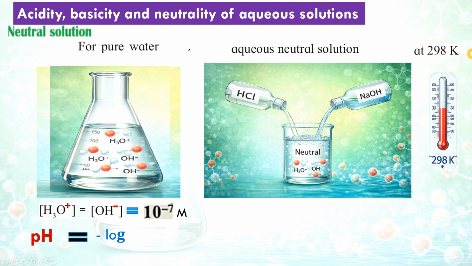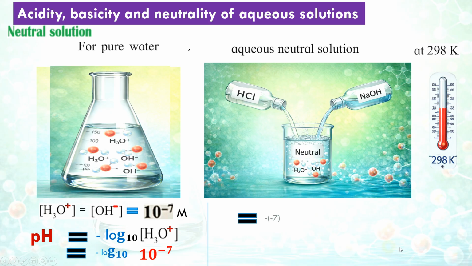So if you want to find the pH of this, the pH is equal to minus log to the base 10 of the H3O+ concentration. To find pH, if I know that H3O+ concentration is what? 10 raised to minus 7. We will substitute the value here. So what are we going to get here? Minus log to the base 10. Instead of H3O+, you can write 10 raised to minus 7 for a neutral solution.